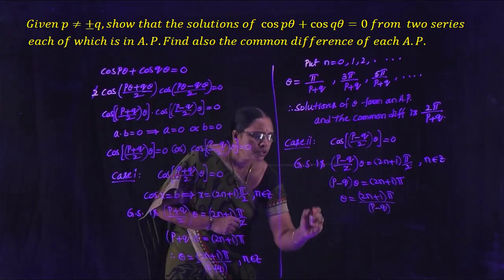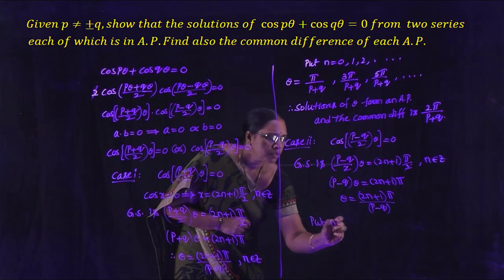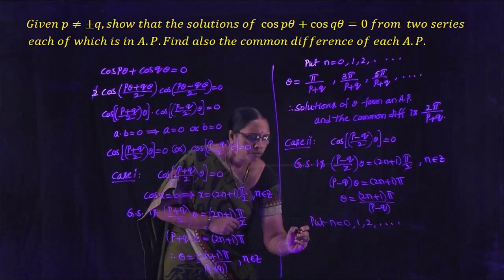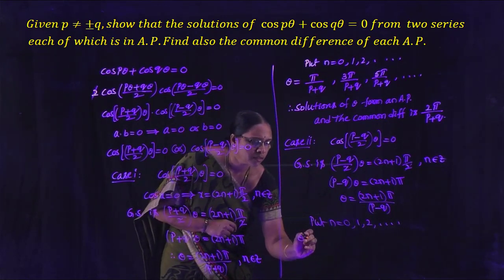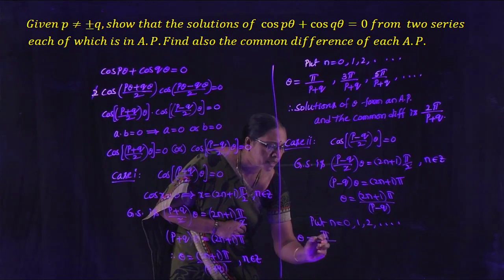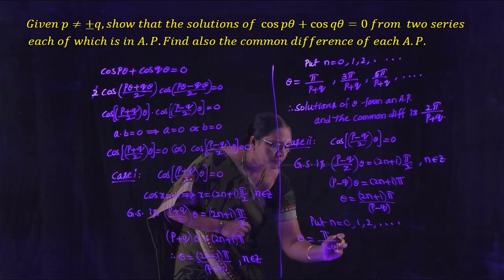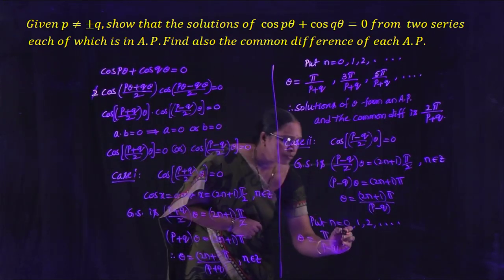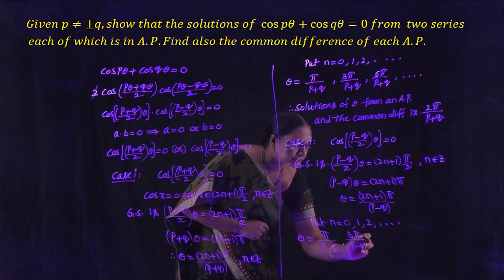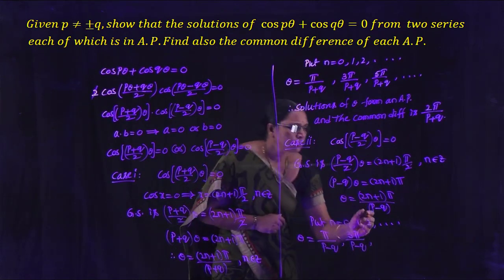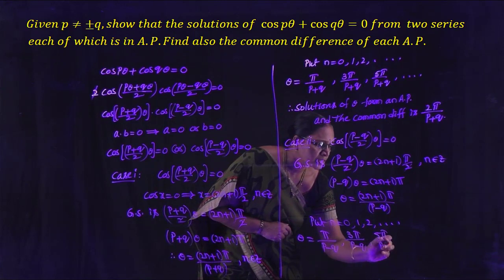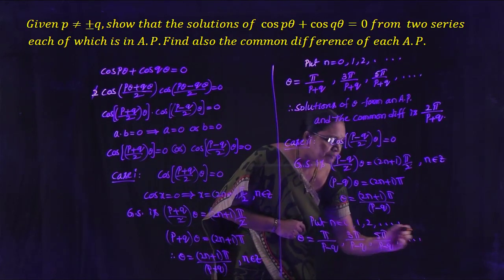Put n equal to 0, 1, 2, and so on. We get the values of theta are, put n equal to 0, we get pi by p minus q. Put n equal to 1, we get 3 pi by p minus q. Put n equal to 2, we get 5 pi by p minus q, and so on.